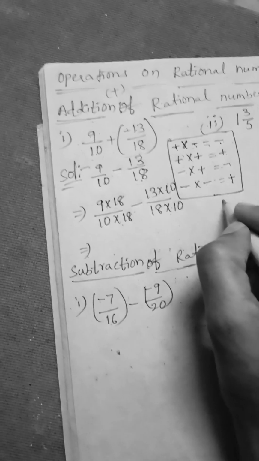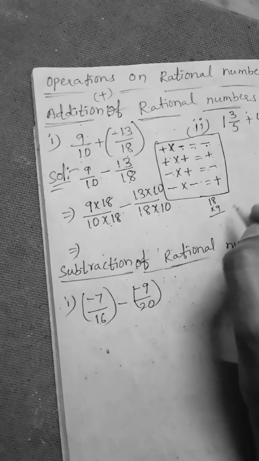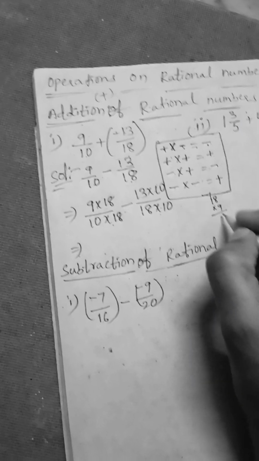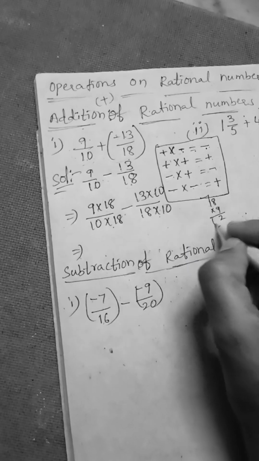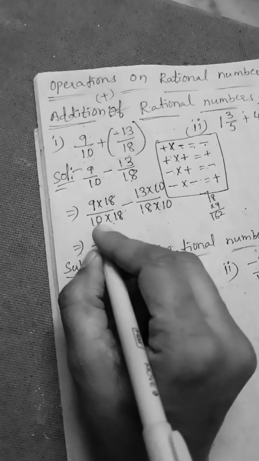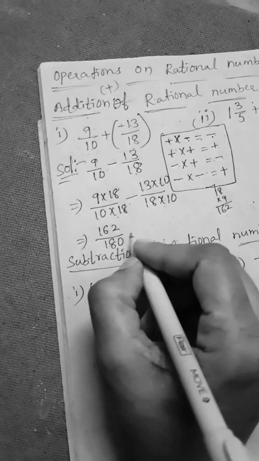18 nines are... If you don't know the tables also, you can write a simple multiplication. 9 eights are 72, 9 ones are 9, plus 7, 16. Now 162 divided by 10 18s are 180.